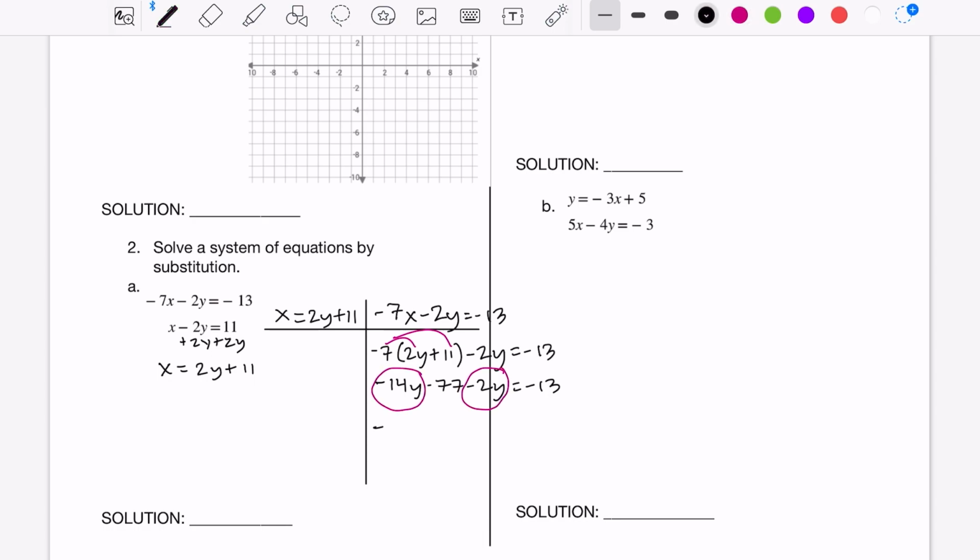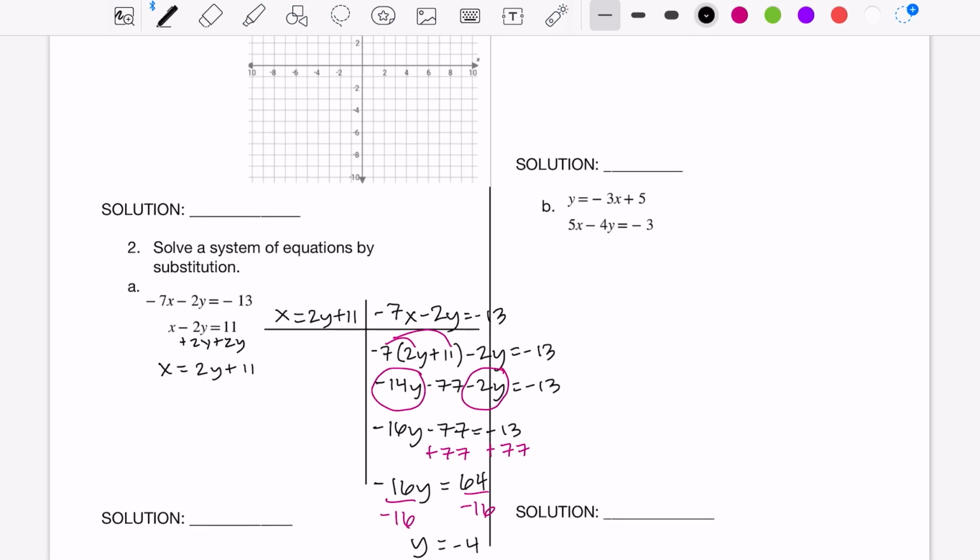So that's going to be negative 16y. And then I'm going to get everything away from the y. So I'm going to isolate the variable. And then I'm going to divide out that negative 16, reverse that math right there, and I get y equals negative 4.